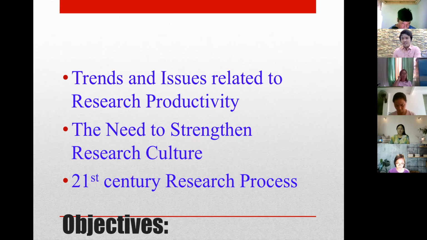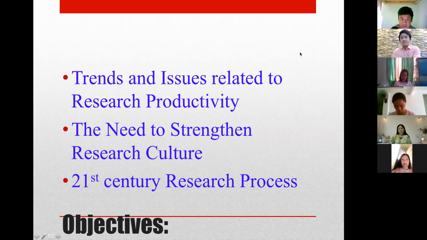Ganon din sa higher ed, no? Sa yung taga Davao tsaka Pisau. You will learn that even for higher education, research is one of the biggest issues. We are always left behind in research productivity. So alamin natin mamaya kung bakit. And there is also a need to strengthen the research culture.